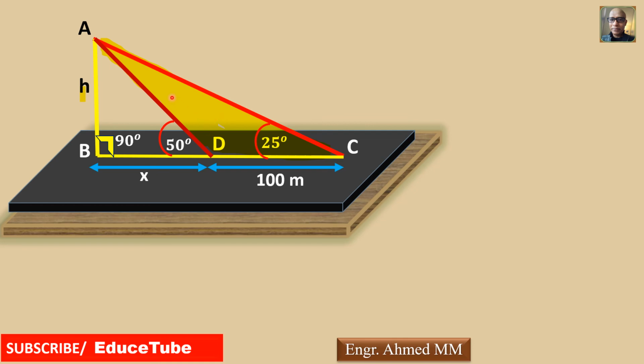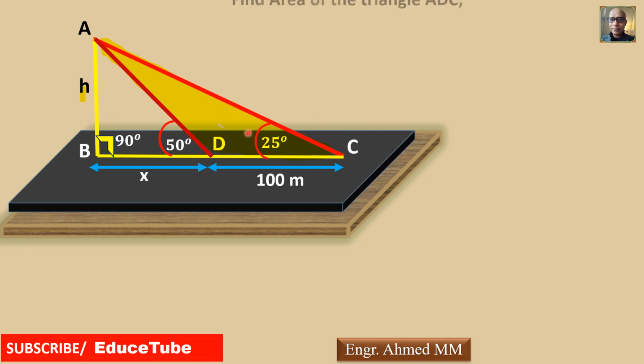Now here I put yellow color to indicate that we need the area of ADC. But we know ABC is a right angle triangle, as well ABD is also a right angle triangle. So if we find the area of these two and subtract, easily we can get the area of ADC.